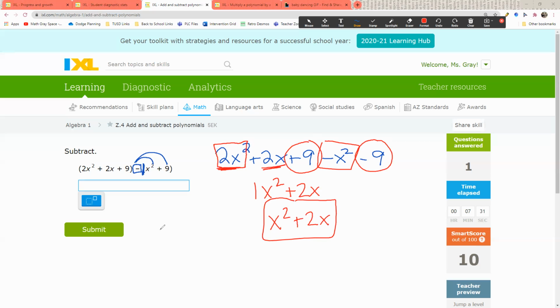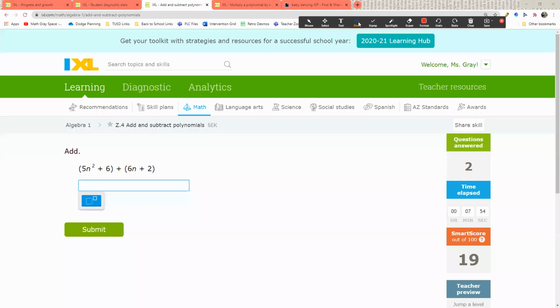Same idea here. So this time I only have 5n squared, right? Is the only n squared term I have. I have 6n, just positive.